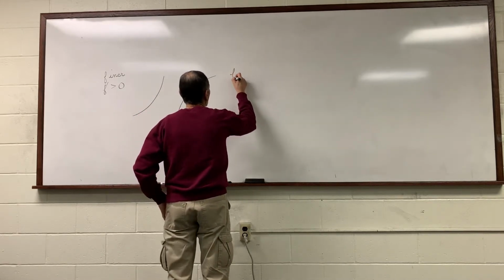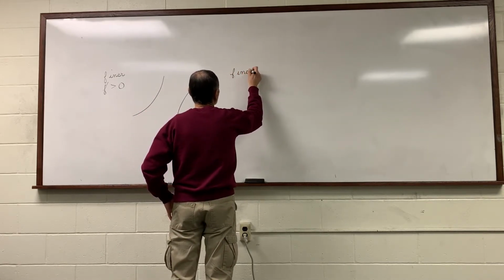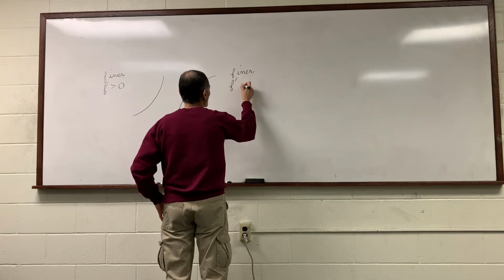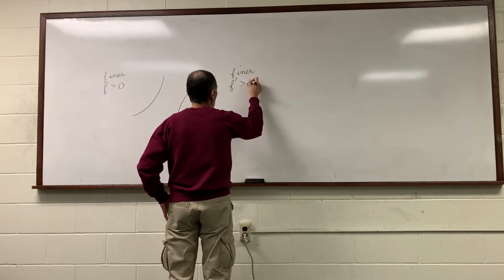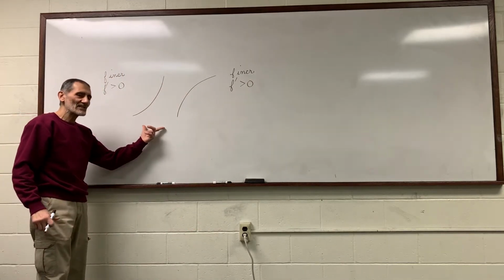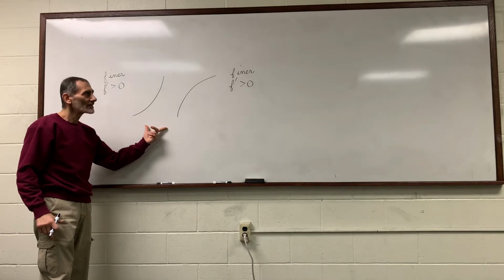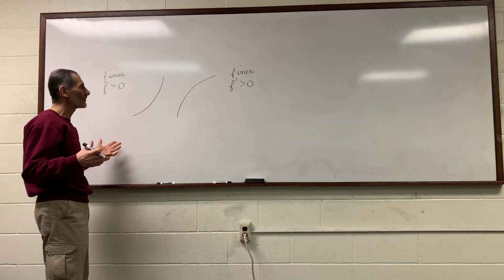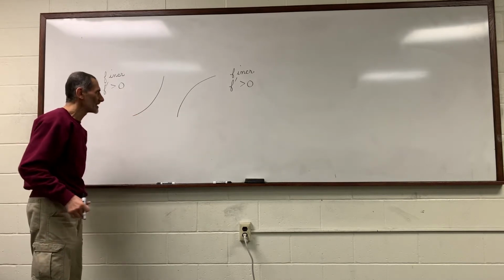Okay, so f is increasing. And that means that the first derivative, f prime, must be positive. But clearly, we can see that there is a difference between these two curves. Our brain tells us that something different is going on in the two examples.